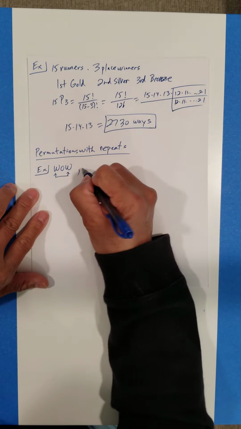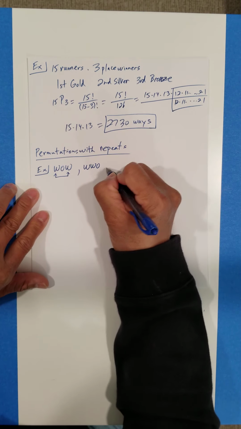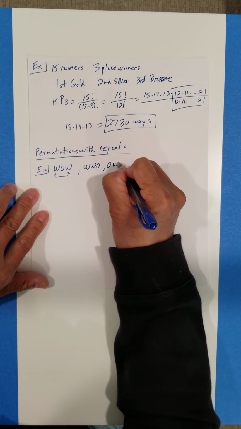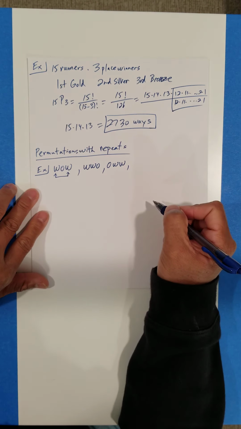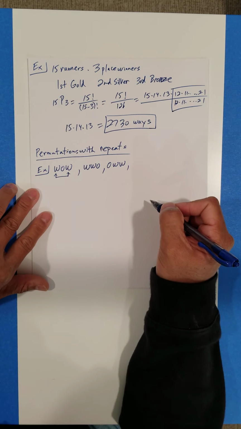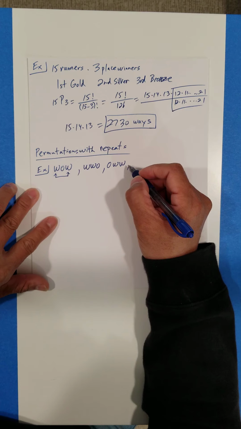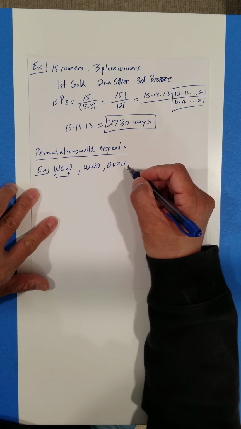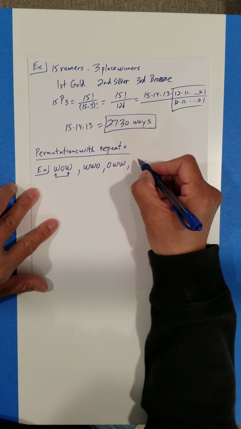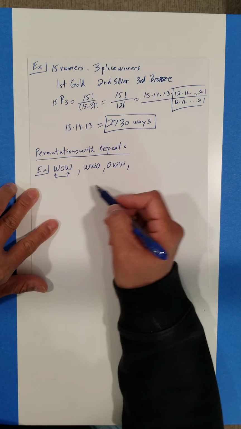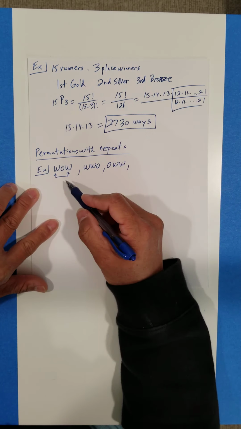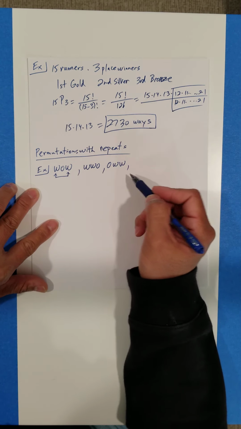Well, there's wow, there's W, W, O, there's O, W, W. What other ways are there? Well, that's it, right? So that's the only 3 ways I can reorganize the word wow.